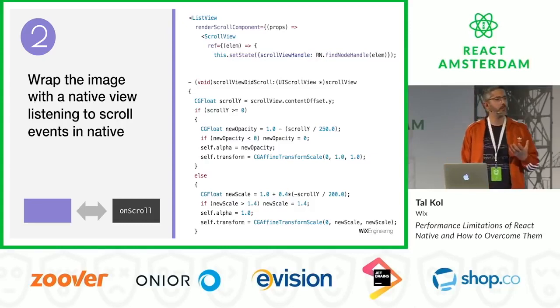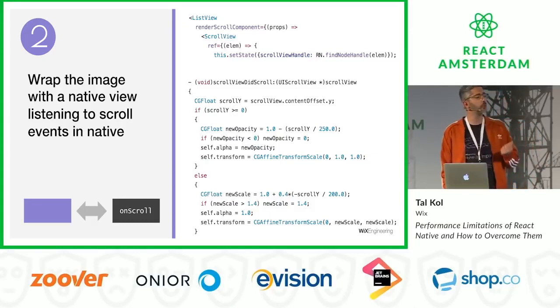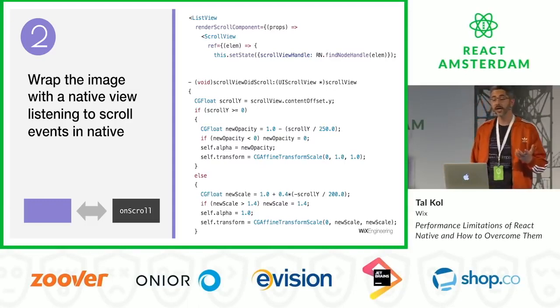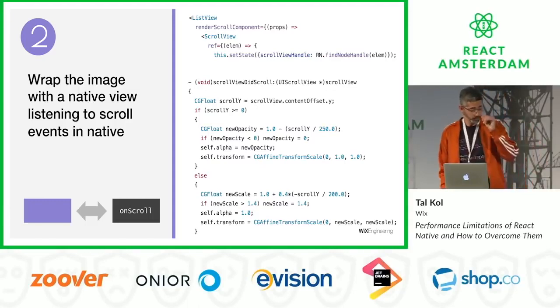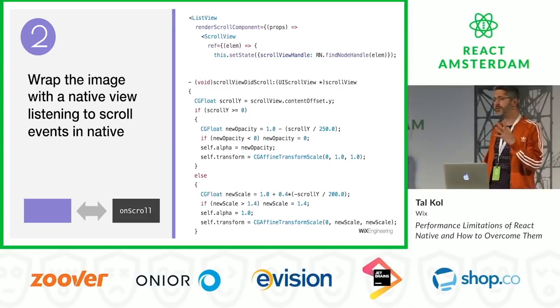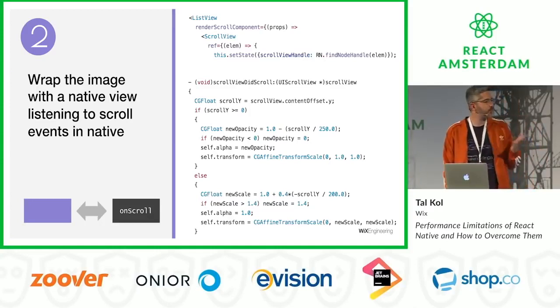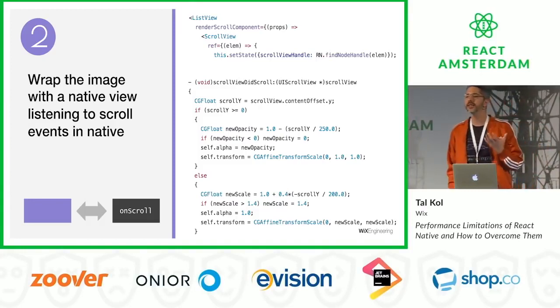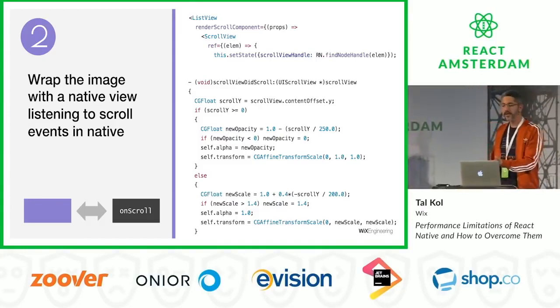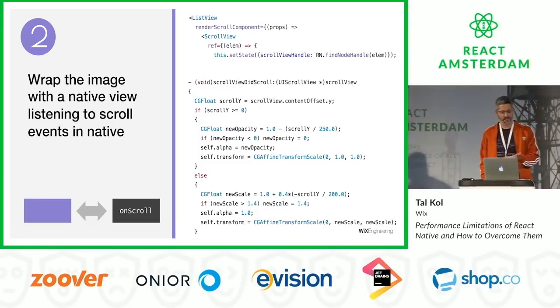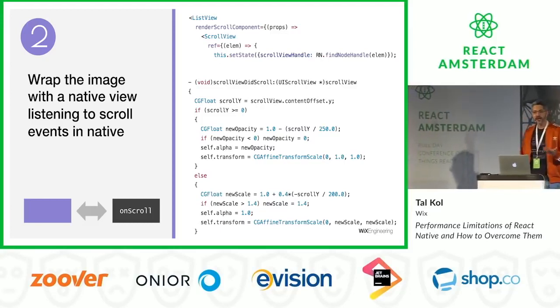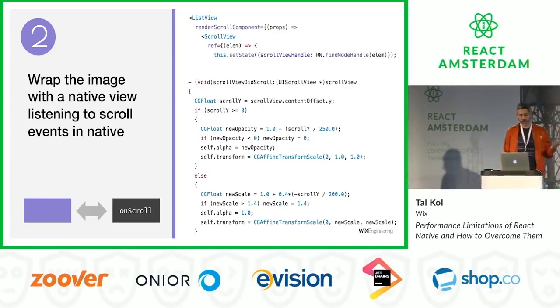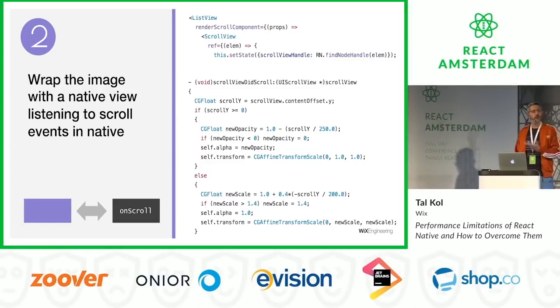Now, the key thing in our native component, after we have hooked up our onScroll event, is to implement the onScroll function in Objective-C. This code is in Objective-C, so if you're not a native developer, it may seem confusing, but it's actually pretty much identical. Try to compare it to the implementation that we had before. It's doing the exact same thing. We're taking the scroll content offset, and we're checking if the scroll position is positive. We're going to change opacity from 1 to 0.